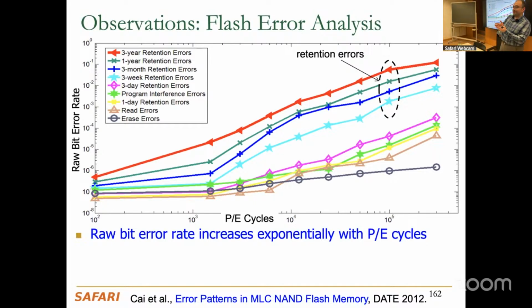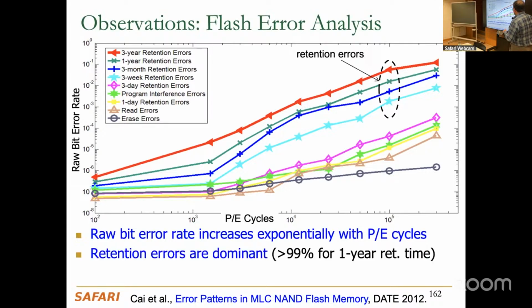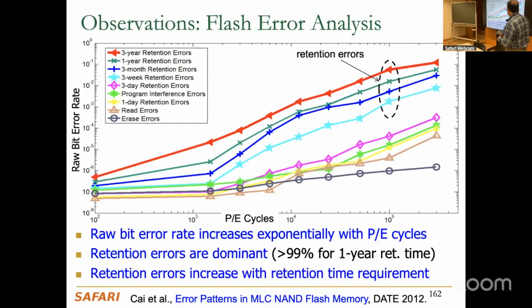Hopefully your ECC should be able to reduce this, making the bit error rate less than 10 to the power minus 15. So when I say raw bit error rate, it is essentially the error rate that you observe before applying ECC. Okay, and retention errors are dominant: more than 99% for 1 year retention time, and retention errors increase with retention time requirement, essentially.